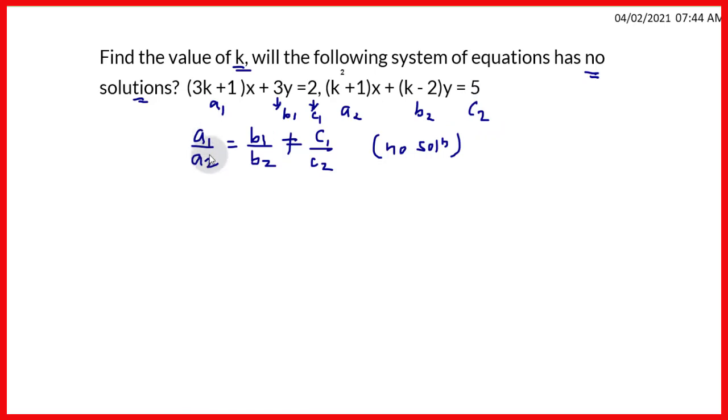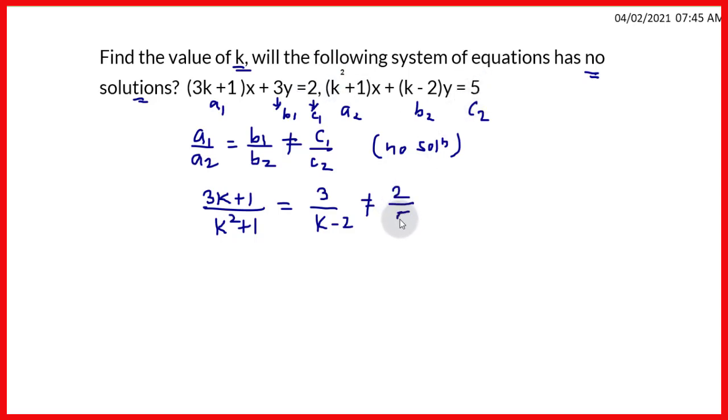And now we can find this ratio A1 upon A2. So A1 upon A2 will be 3k plus 1 upon k square plus 1, that is equal to B1 upon B2. B1 is 3 upon B2 is k minus 2, that is not equal to C1 upon C2, the ratio of the constant terms, that is 2 upon 5.